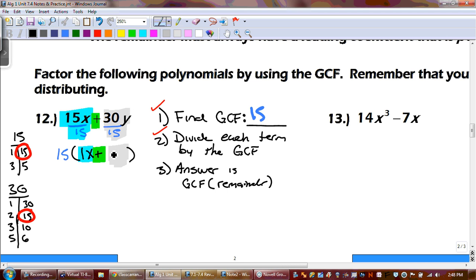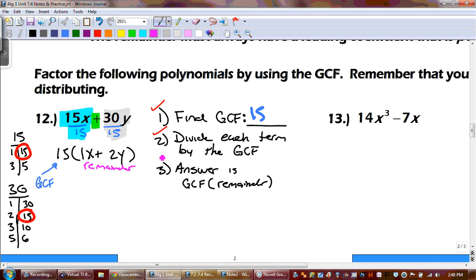Well, 30 divided by 15 is 2, and then we're left with the y. So if you take a look at this, here is our GCF, and this is the remainder.